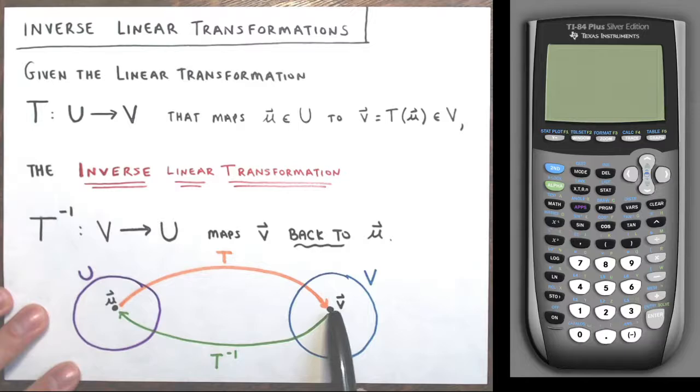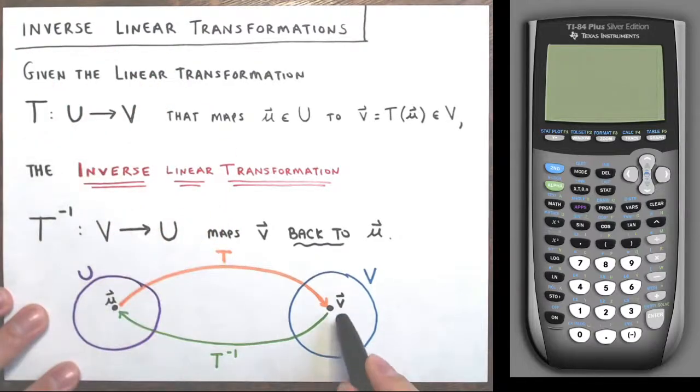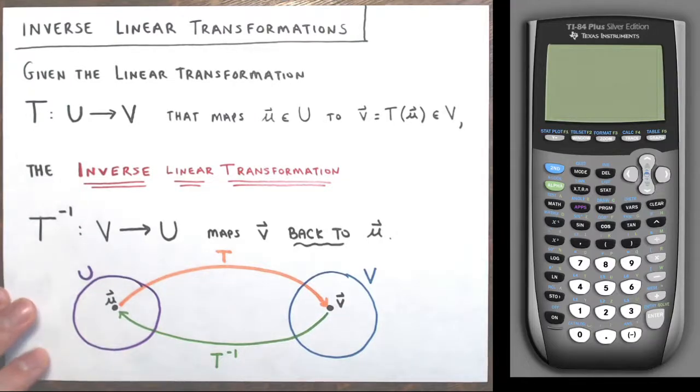Then under T inverse, the arrow going the other way, the domain is V, the domain and codomain switch, as you've seen, they flip. That same vector V as an input under T inverse would map right back to U. It just reverses you back to where you came from, right? Okay.